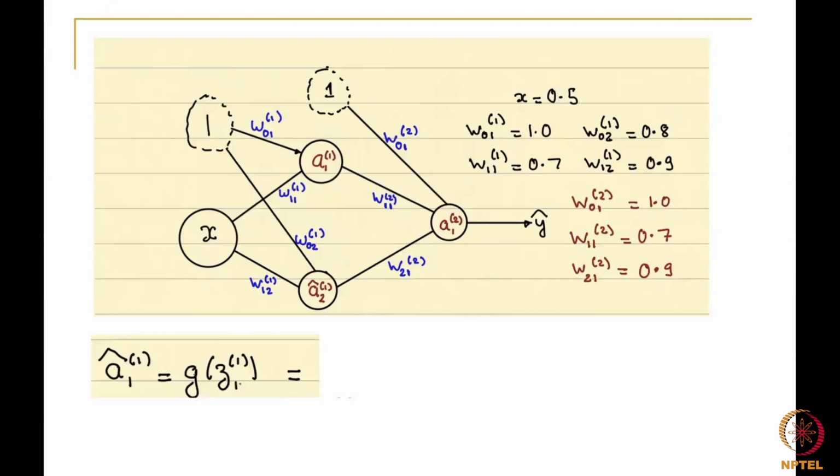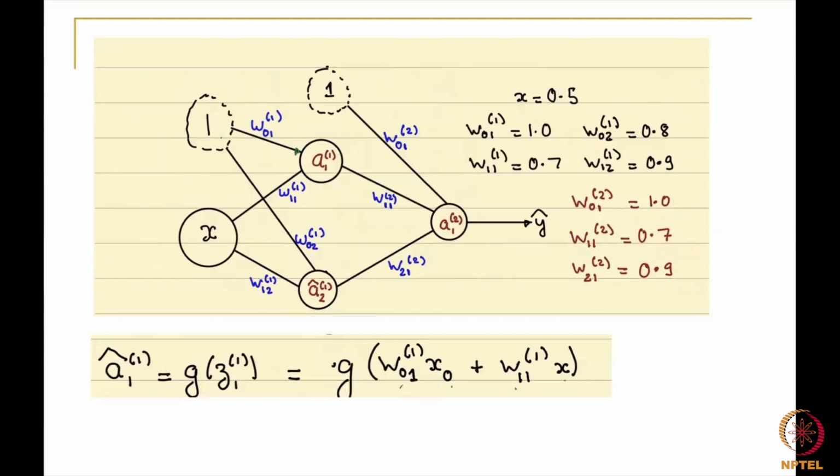We first calculate A1 hat. Remember, A1 hat is made up of 2 portions. You first calculate the linear portion, which is the linear combination of these two, and then you calculate the nonlinear portion. So we first calculate Z1.